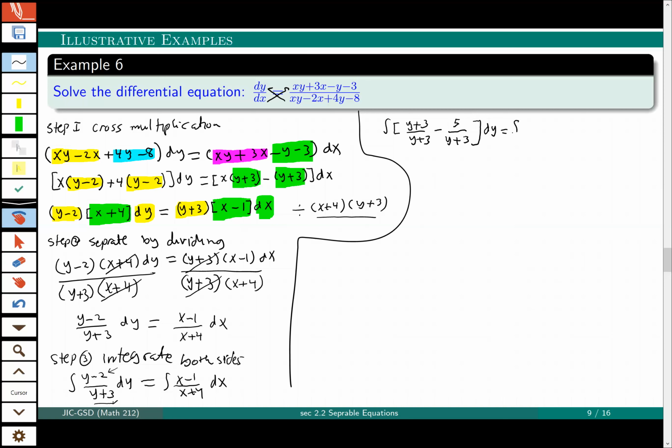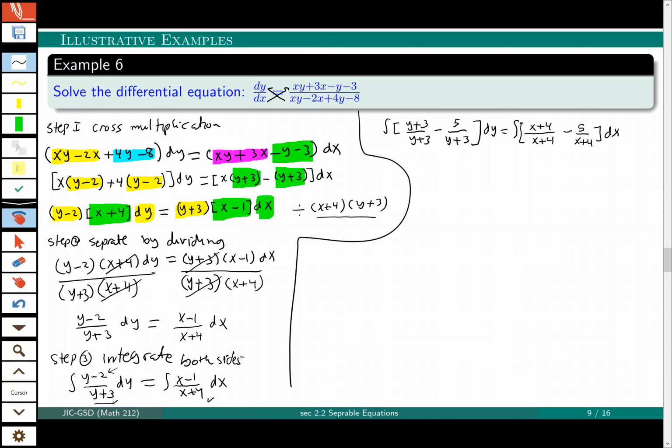Similarly, we do the same thing here. I have x plus 4. So I will add x plus 4, and I will subtract 4. So minus 4 with minus 1, it's minus 5. Now, what will be the benefit of adding and subtracting?